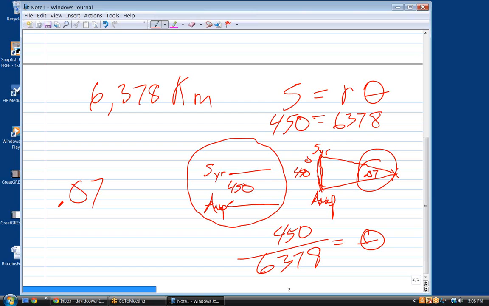How it relates to latitude and longitude, I could do a little bit of reading. The only problem I have in my book relates nautical miles to degrees of latitude, and I don't have a conversion factor for nautical miles versus kilometers, so I can't do that conversion.